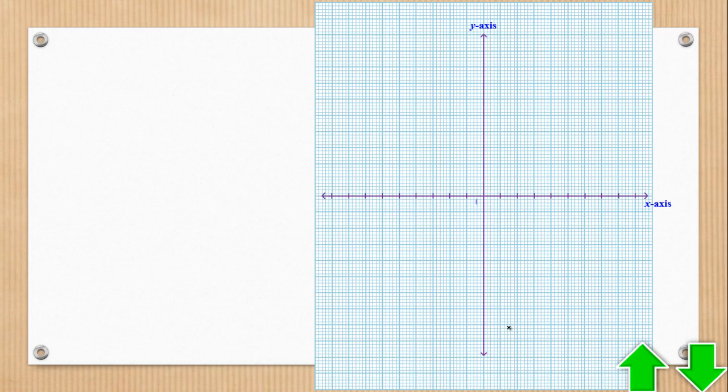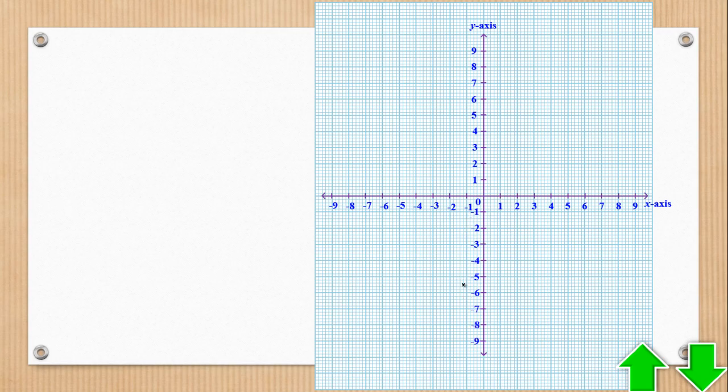Then we shall put the positive values and then the negative values. So we're going to do the same for the vertical axis. Then you label, start with the positive values and then negative values.